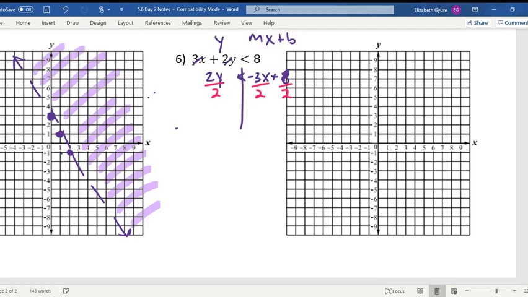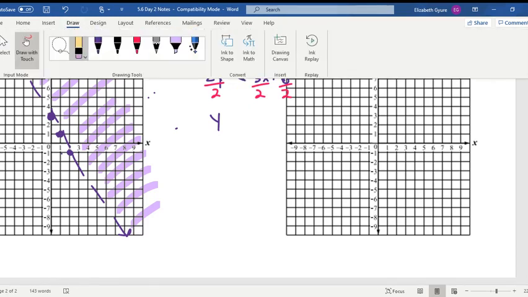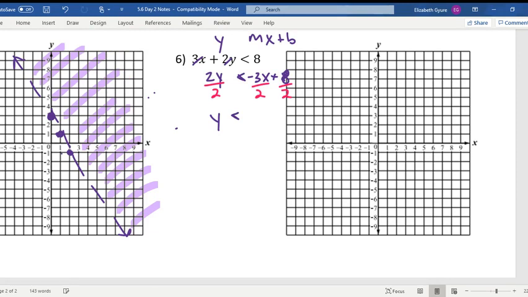So what's going to happen is on the left now we just have our y, which is good. Our y is all by itself. And now on the other side, we just need to simplify. Now over here, ladies and gentlemen, is -3 divisible by 2? No, it is not. But can we just leave it as a fraction? Do we have to stress about it?